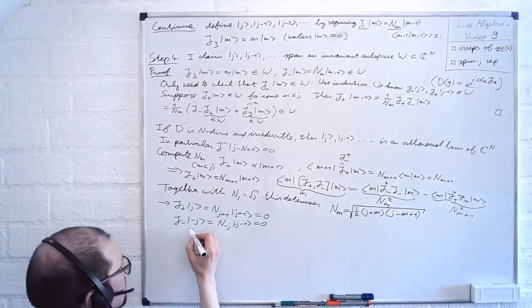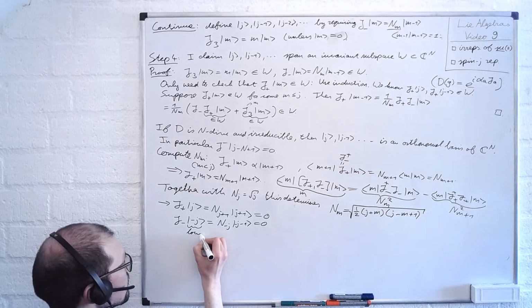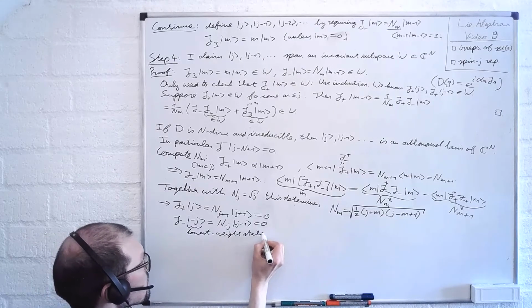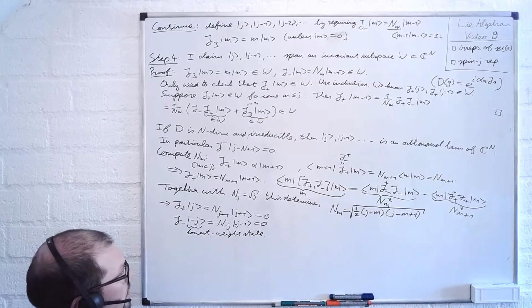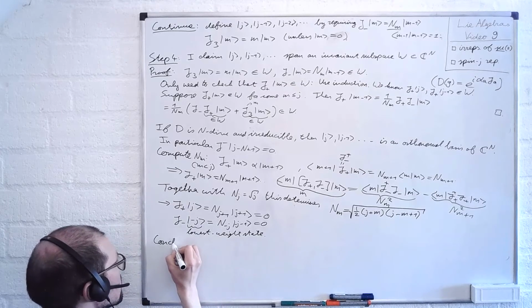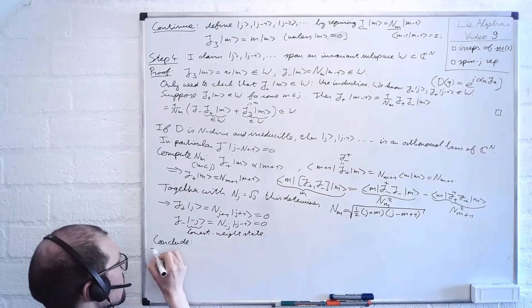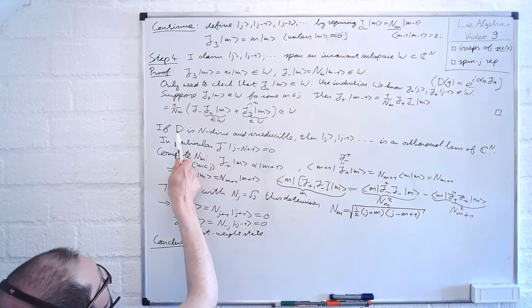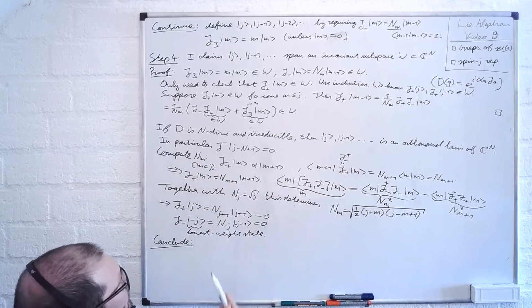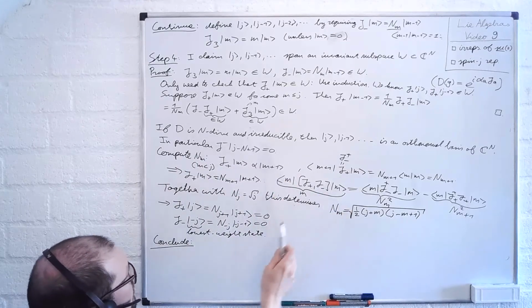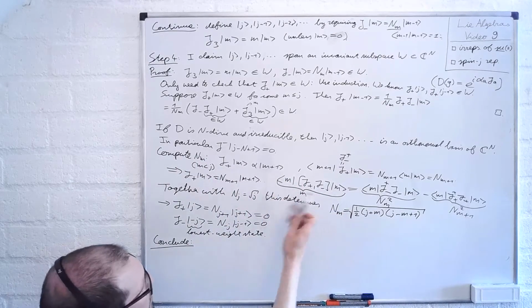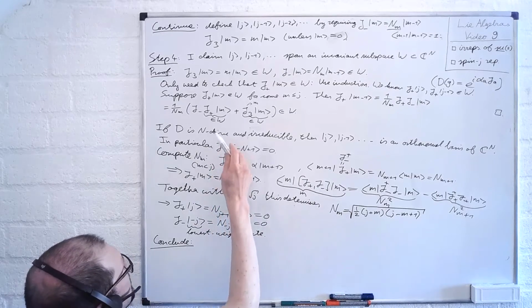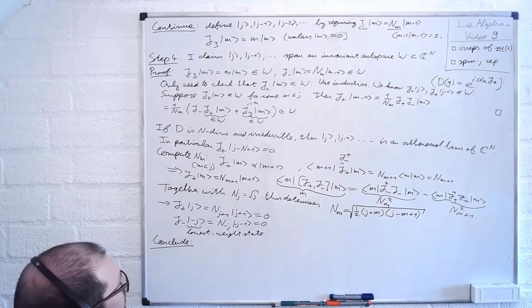So this must be the lowest weight state. So now we can conclude the following. The only assumption we really made is that our representation is n-dimensional and irreducible. And we found this basis, and within this basis, the way that the operators J minus and J plus act is completely determined.